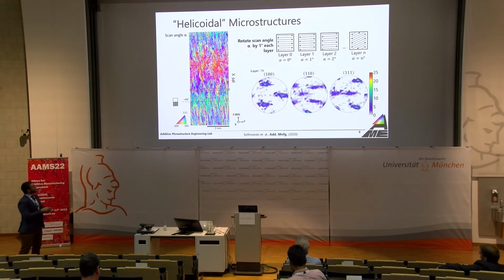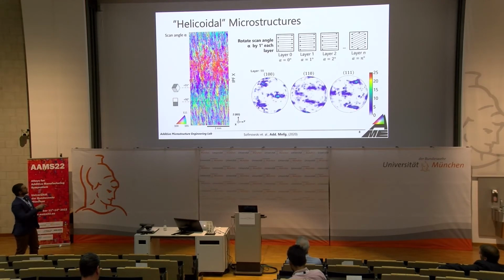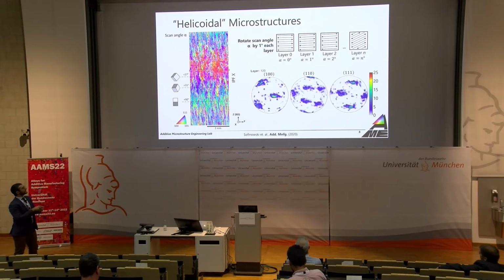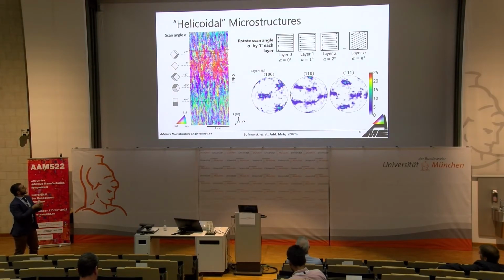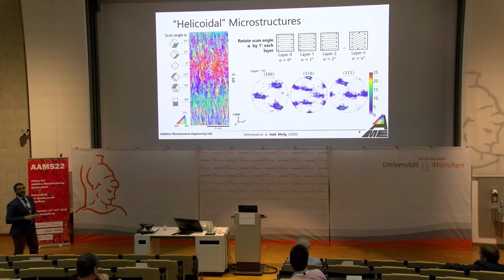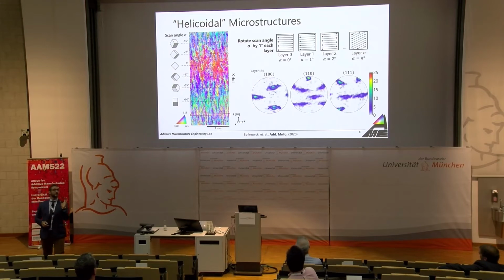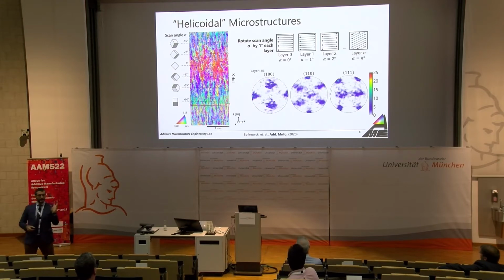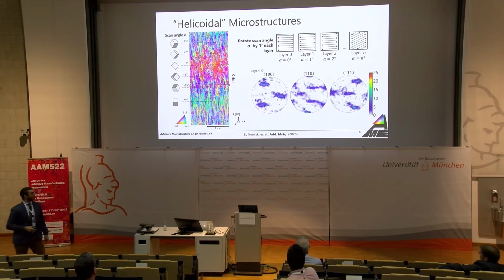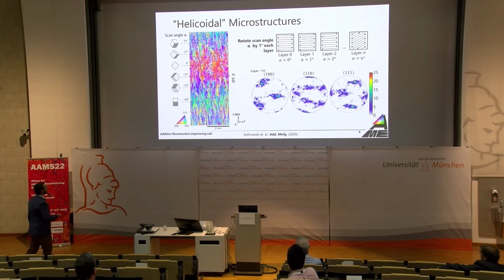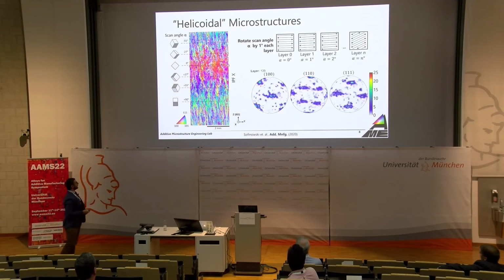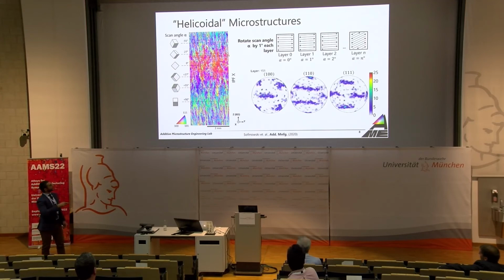If you look at this animated GIF plotting orientation along the z-axis, you realize that this is a helix grain. This is a quasi-single crystal grain that keeps rotating as you move along the z-axis. And the way Carr made this helicoidal microstructure was to vary the laser scan direction each layer by only 1 degree.